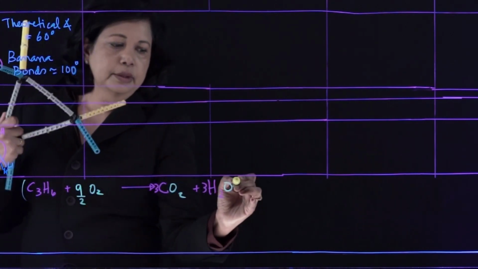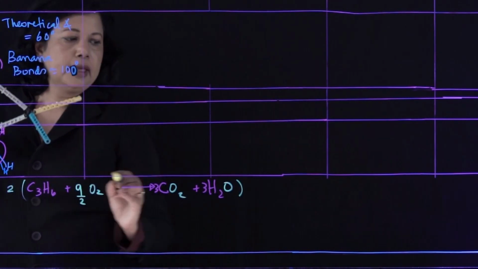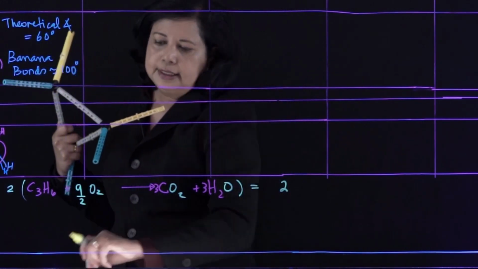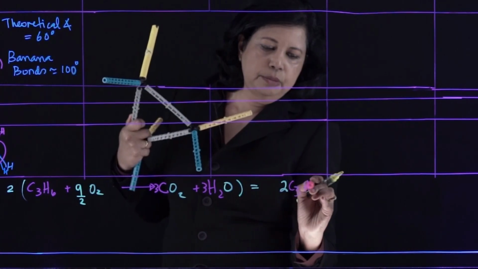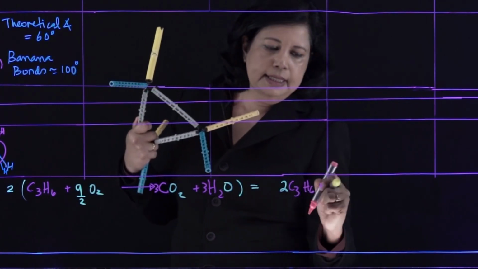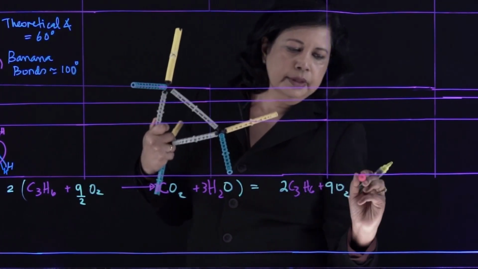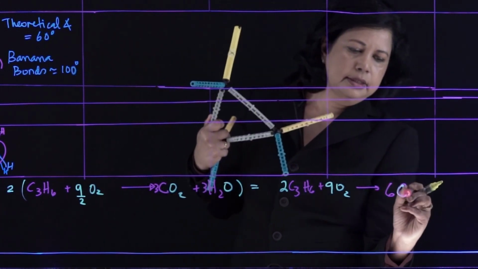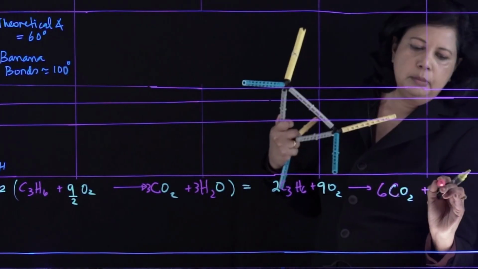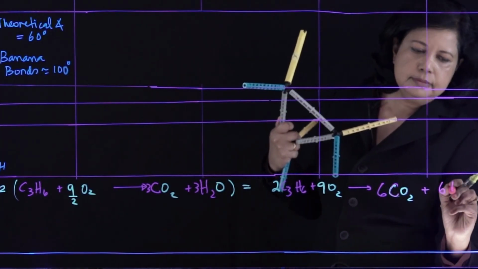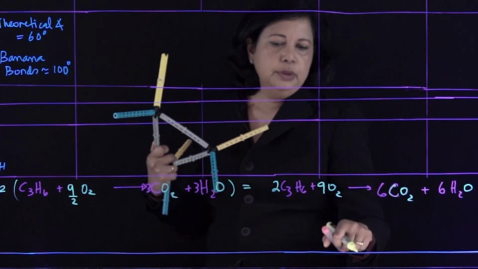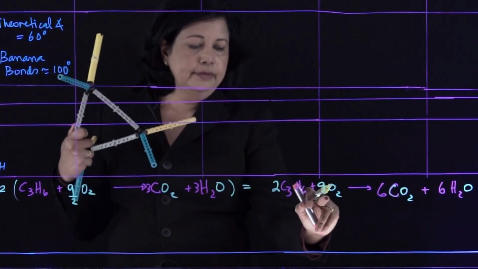So you multiply the whole thing by 2, and that's going to give you 2 C3H6 plus 9 O2, just to balance it out. That's going to give you 6 carbon dioxide and 6 water molecules. So now we've got 6 and 12, 18, which is what we have here.